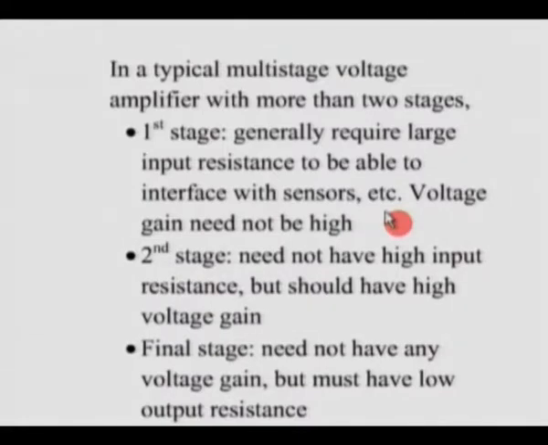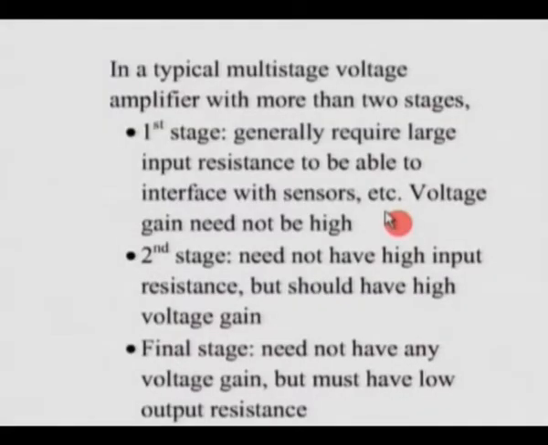So if the input stage has very high input resistance, almost the entire voltage would get developed across the input terminals. At the same time, the first stage need not have high voltage gain. If you get it, it is okay, but that is not the major requirement. The main requirement is to have very high input resistance.